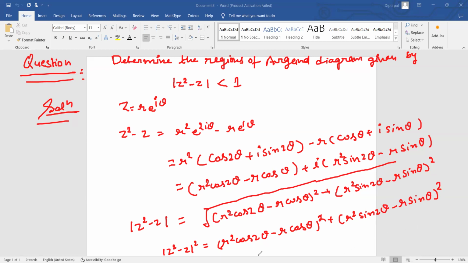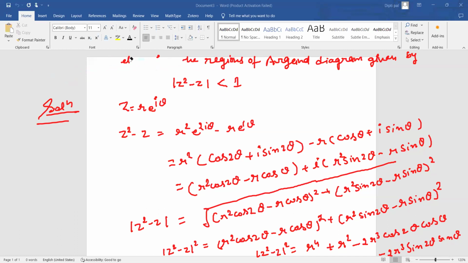Now we can solve it. So modulus of Z square minus Z whole square equals r to the power 4 plus r square minus 2r cube cos 2 theta cos theta minus 2r cube sin 2 theta sin theta. So again we can simplify it.